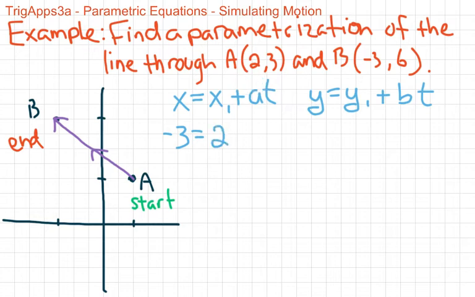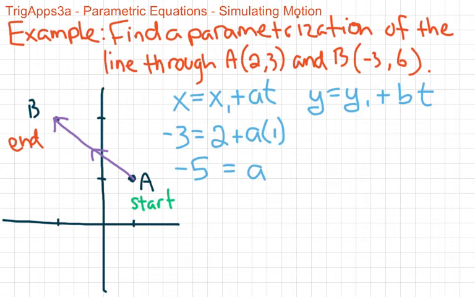So I'll punch that in. And then what we'll do is we'll say that time is just 1 second. It takes 1 second to get from A to B. So that means we'll solve for a here. So a, subtract 2 on both sides, is -5.